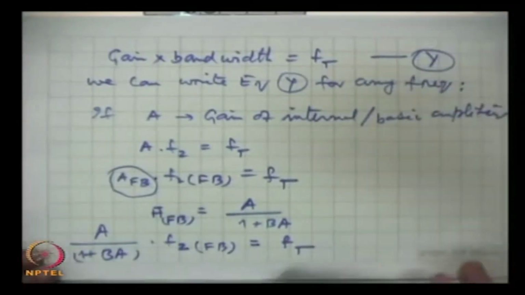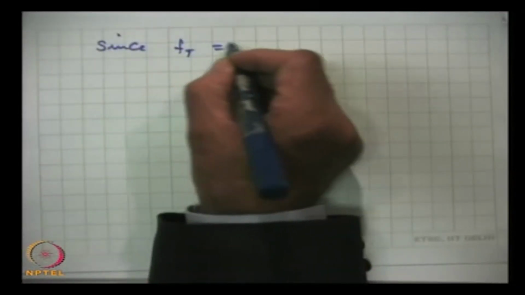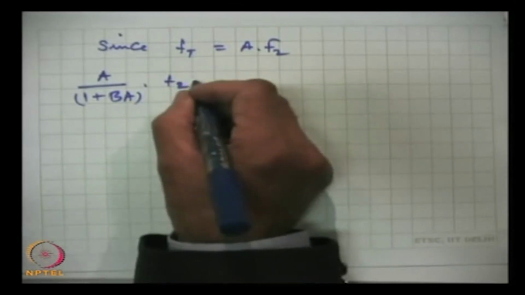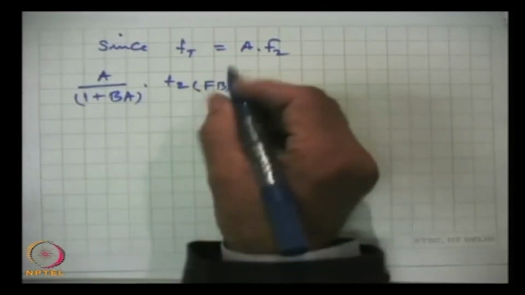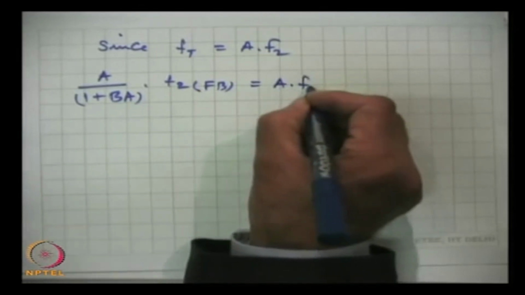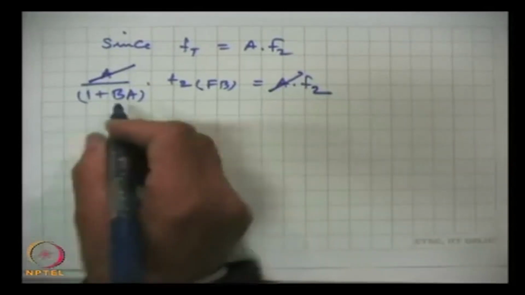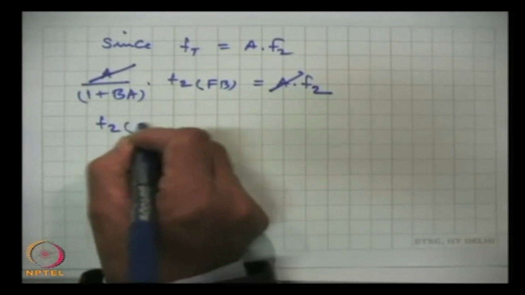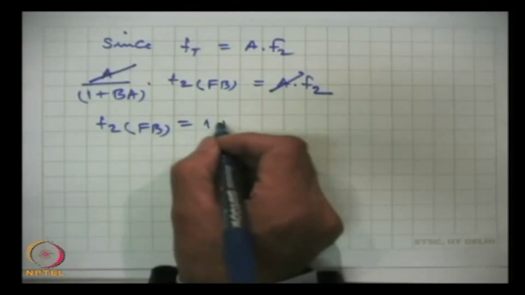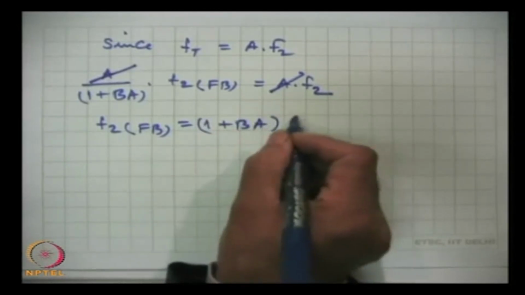Since ft is equal to A f2, this equation becomes A divided by 1 plus BA, into f2 fb, equal to A f2, and this A is cancelled with this, so that f2 fb becomes equal to 1 plus BA into f2.